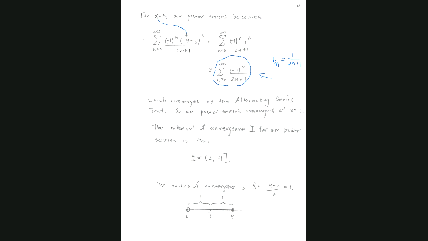The b sub n term, which is 1 over 2n plus 1, decreases as n gets large, so you have a decreasing sequence of terms, and the terms approach 0. So we can very confidently say this series converges by the alternating series test.